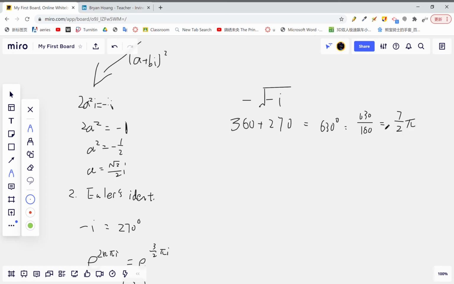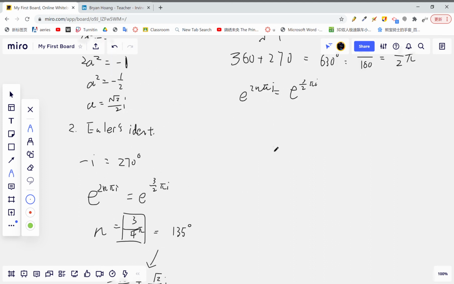Okay, so we use the same exponent property. We get e to the 2n pi i is equal to e to the 7 over 2 pi i. Sorry, I forgot the i. So we solve it and we get n is equal to 7/4, right? 7/4 pi.